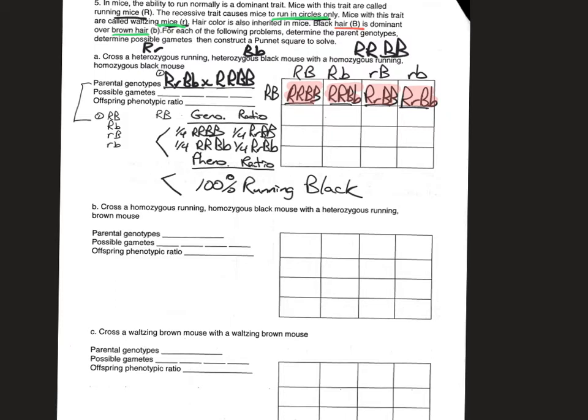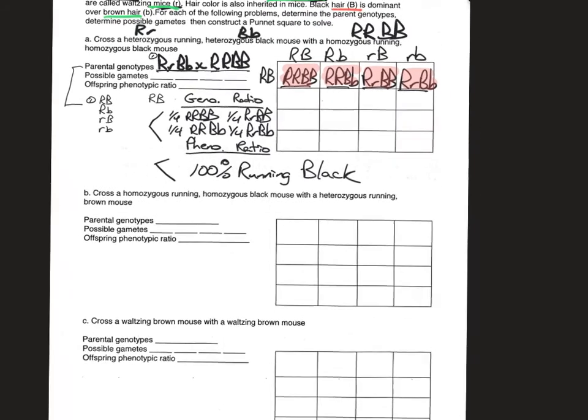Cross a homozygous black mouse with a homozygous running, so it means what? Big R, homozygous black, big B. With heterozygous running, big R, little r, with brown mouse, which is little b.